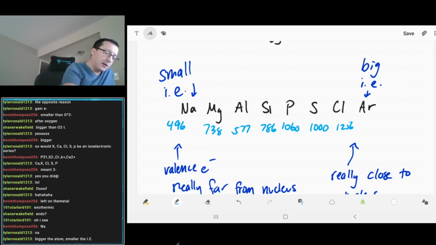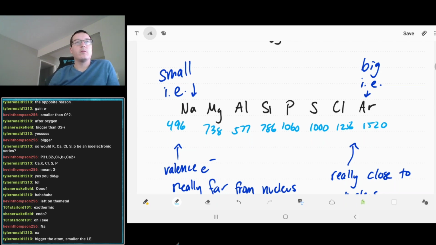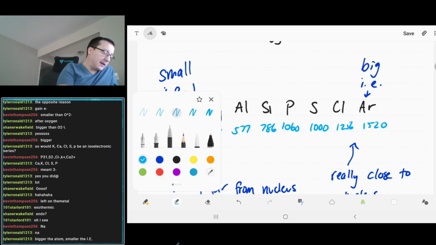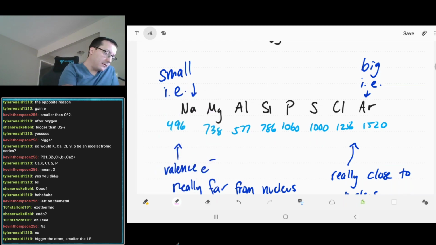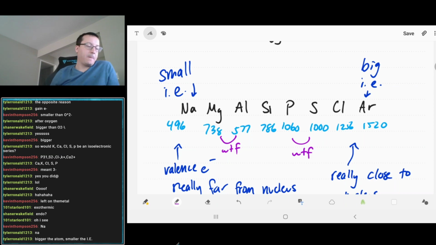The last one is 1520. Indeed, the bigger the atom, the smaller the ionization energy. Interestingly, we have two blips here. We have two kind of exceptions going along here.